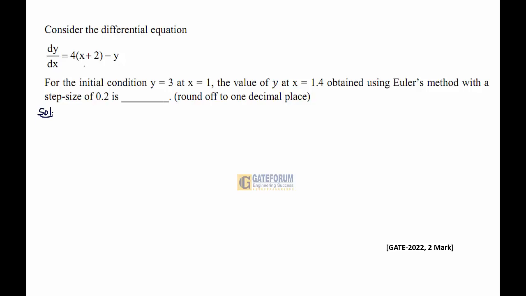So for the differential equation using these methods, the ordinary differential equation should be in the standard form as dy by dx is equal to f of x comma y. Initial conditions are usually denoted by x naught, y naught. Step size is usually denoted by h, so h is equal to 0.2.